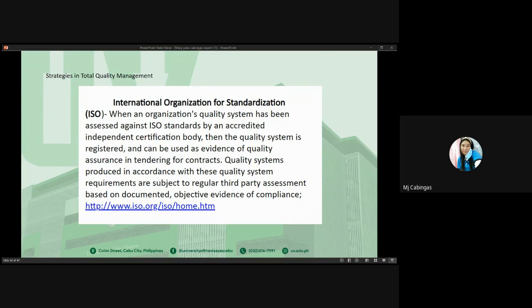Quality systems produced in accordance with these requirements are subject to regular third-party assessment based on documented objective evidence and compliance. I won't elaborate on ISO; there is a link, so kindly check it.